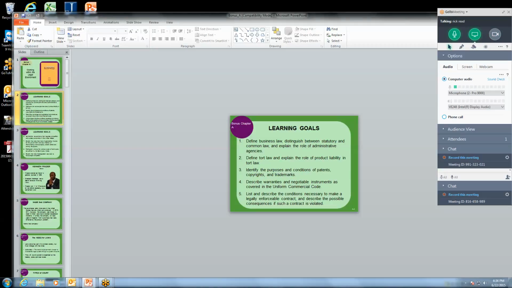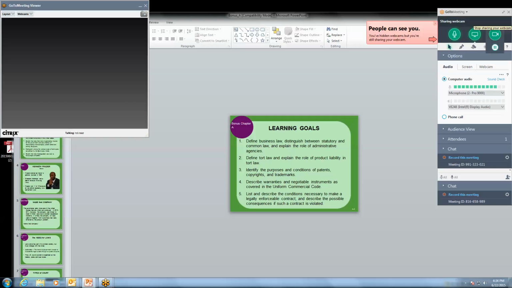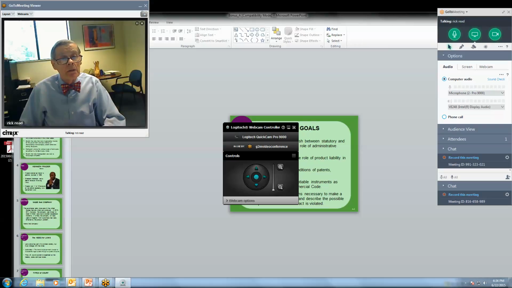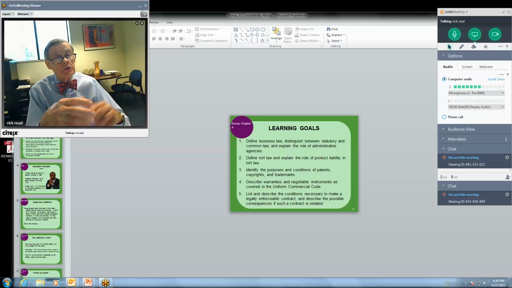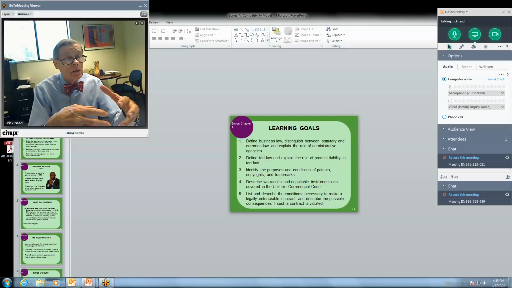So we'll look at our learning goals here for bonus chapter A. Define business law, and then distinguish between statutory and common law, and then explain the role of administrative agencies. Define tort law and explain the role of product liability in tort law.